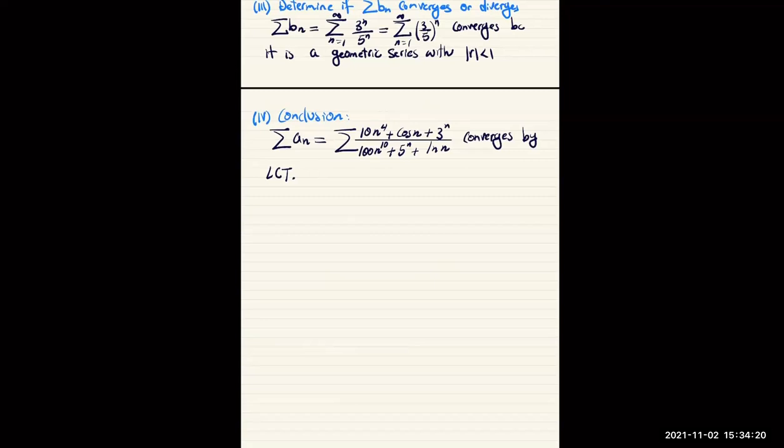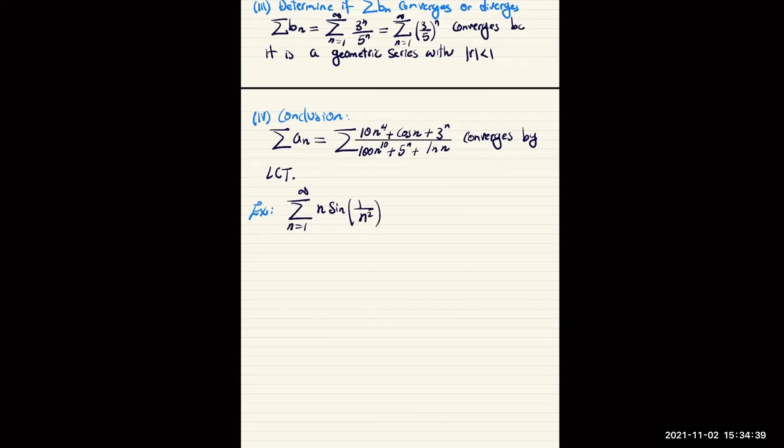Next example, let's do something with sine of 1 over n. Let's say we have this series, n sine 1 over n squared.